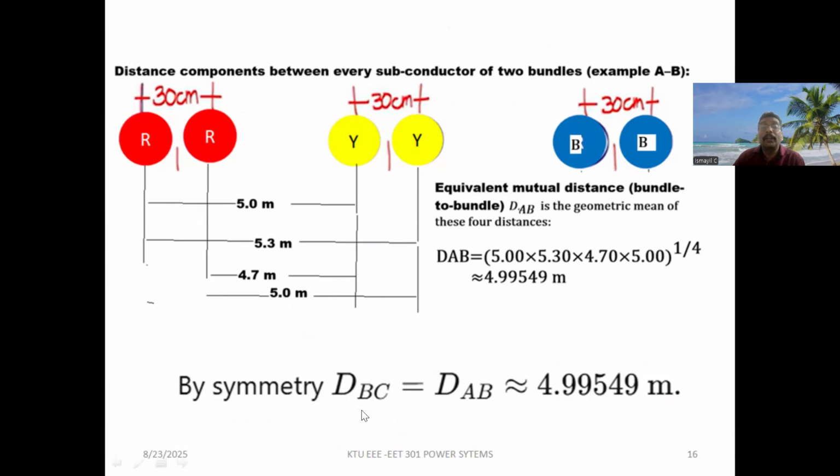In my notation, in the figure I am using RYB, and in my formula I am using ABC. So no need to calculate it again. We would be getting the same result for the case of Y and B. The mutual equivalent distance between Y and B is again equal to 4.99.